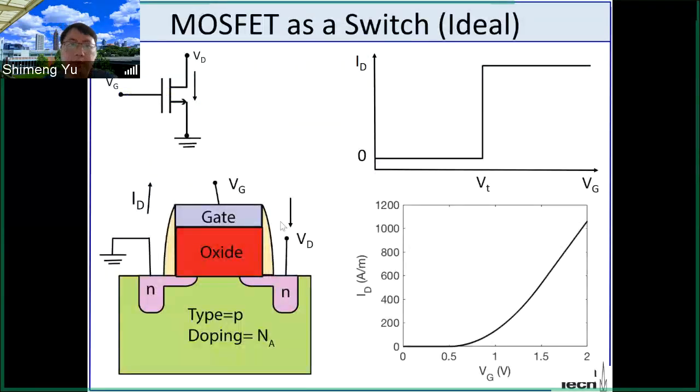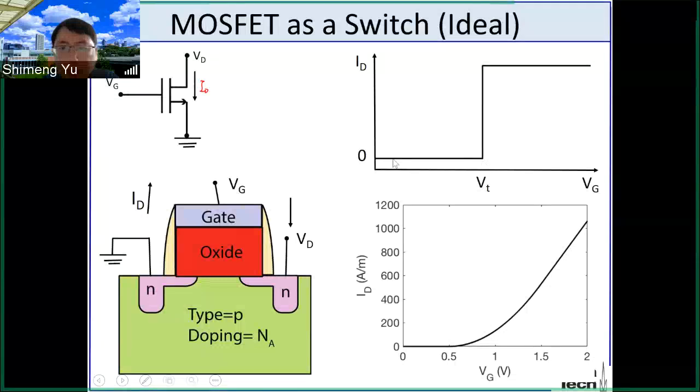Okay, so let's look at the MOSFET as a switch. Ideally, we want the MOSFET to be a gate-controlled current switch. So you apply the gate voltage and then you control the drain current. So in this ID versus Vg plot, we care about the Vt, the threshold.